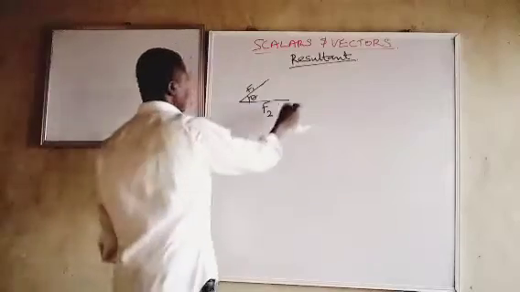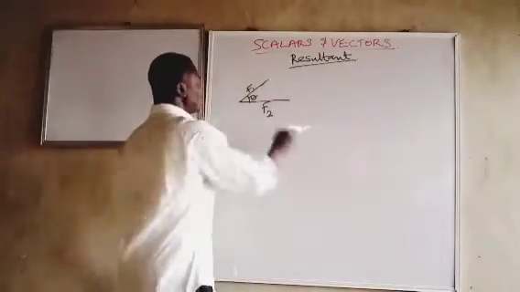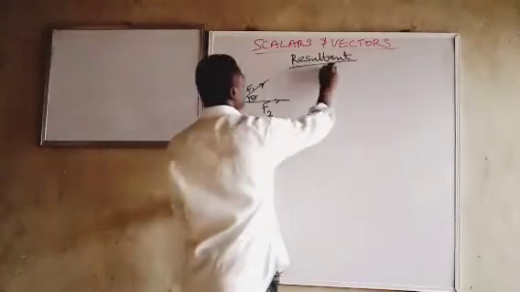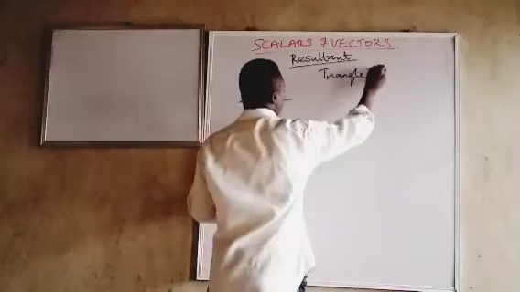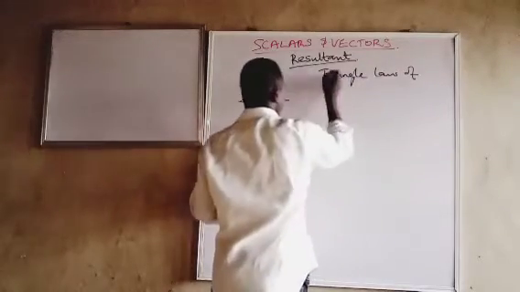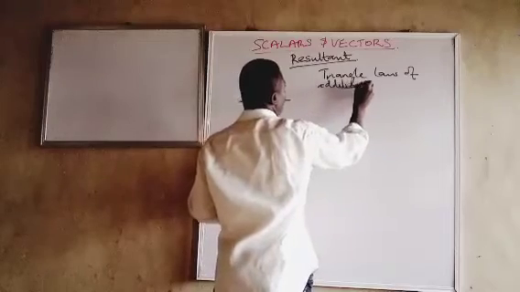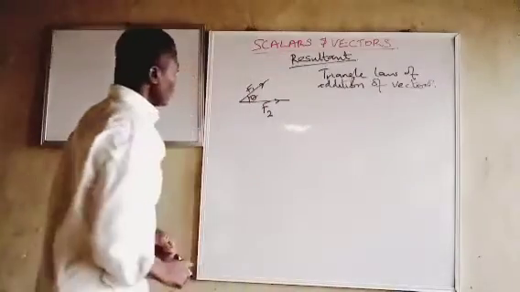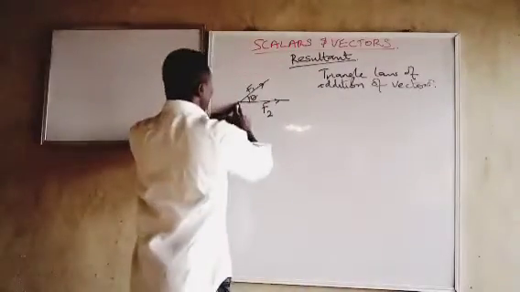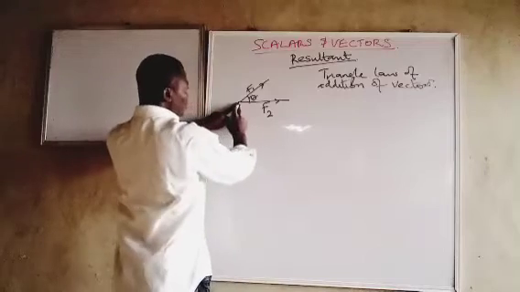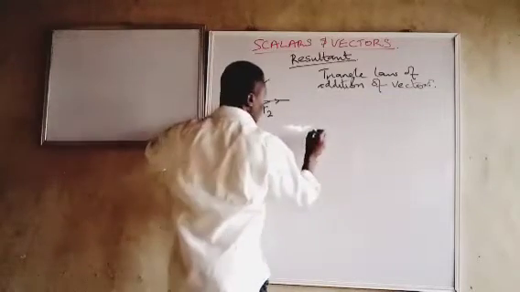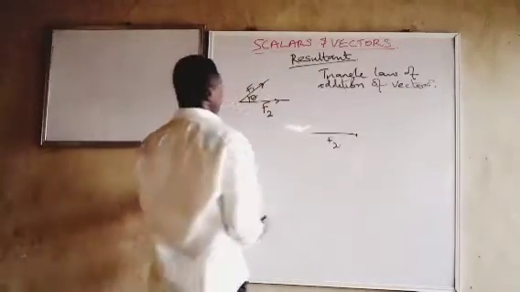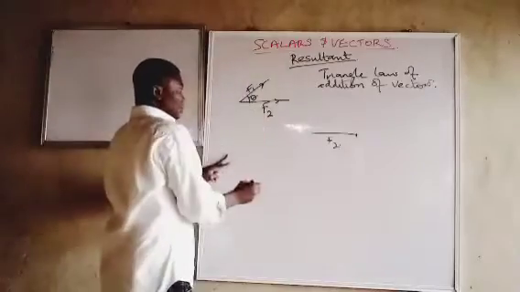What do we do? We will represent them using the sides of a triangle. The first vector we want to represent, we will take one side of the triangle. That's F2.